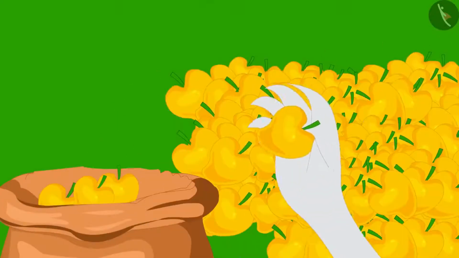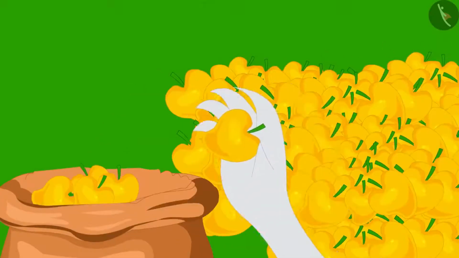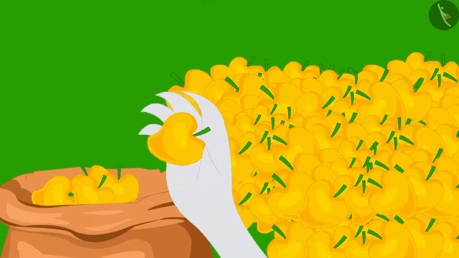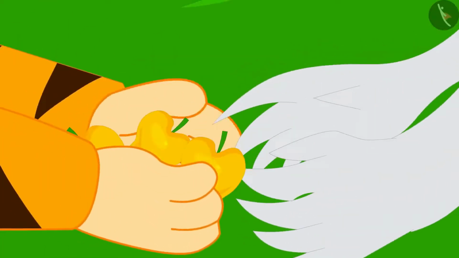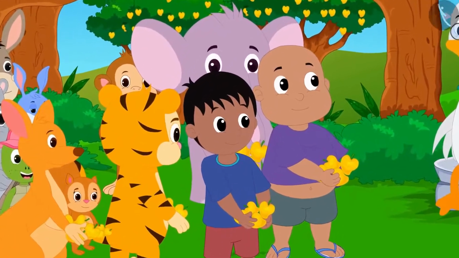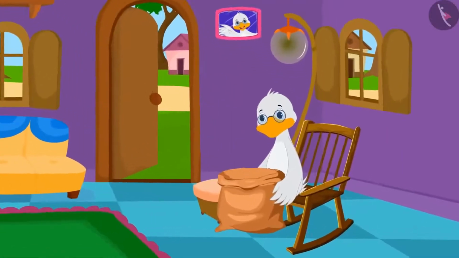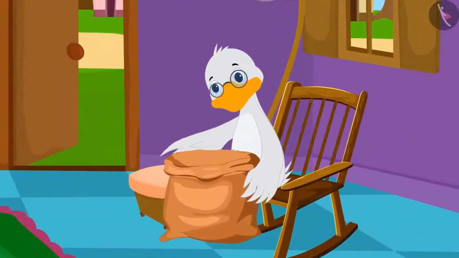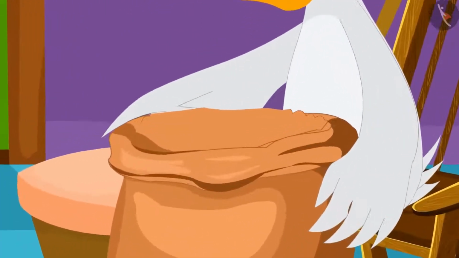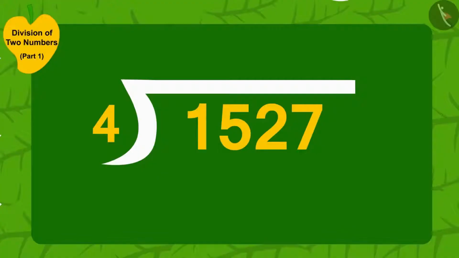Barbole uncle immediately filled all his mangoes in one bag and distributed them in groups of 4 mangoes equally among the 300 villagers. When uncle returned home, he saw that there were still some mangoes left in his bag. Barbole uncle immediately wrote it down on a piece of paper.